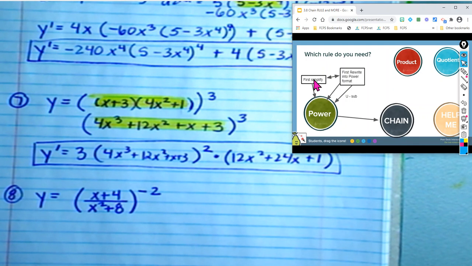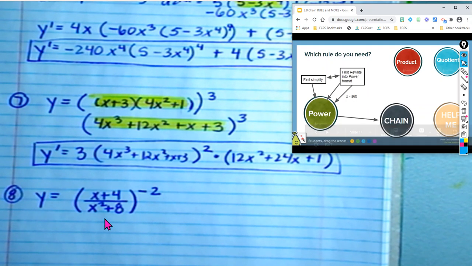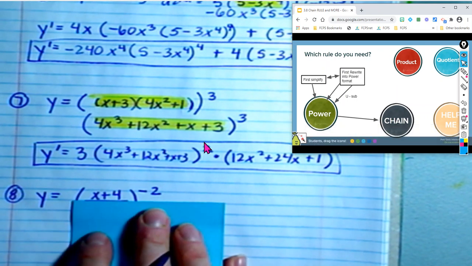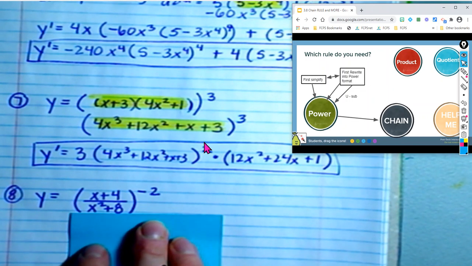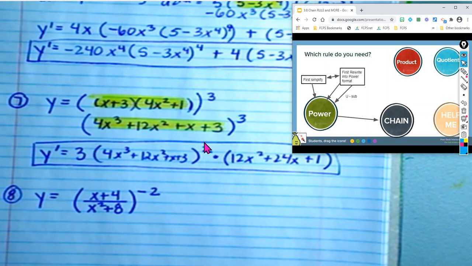Let's look. Can I simplify this? No, there's no factoring or dividing here. Is it in power format? Well, let's look at our different pieces here. x plus 4, yes. x squared plus 8, yes. Negative 2, yes. What rules do you see?